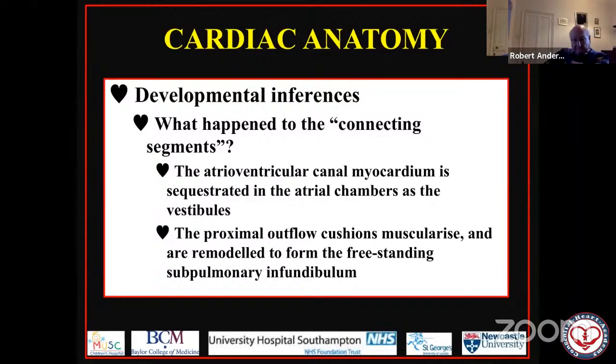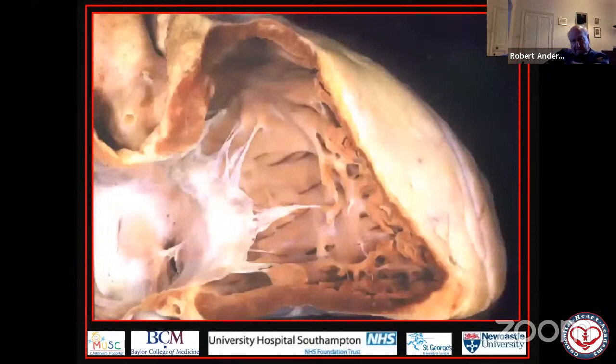So let's look now in more detail at the ventricular mass, because we now know that subsequent to the sequestration of the atrioventricular canals, the vestibules, it extends from the atrioventricular junction to the ventricular arterial junction. And Diane and Justin will be showing you very shortly these junctions in the definitive heart.